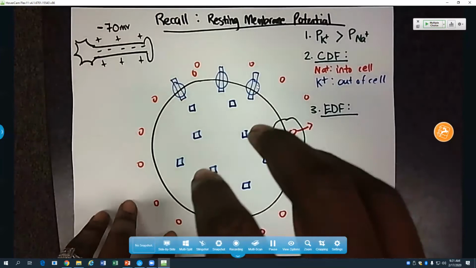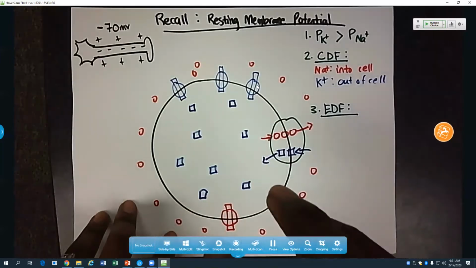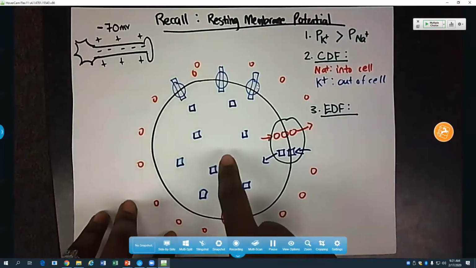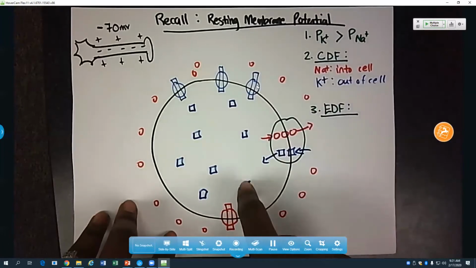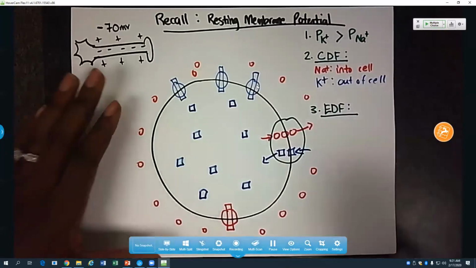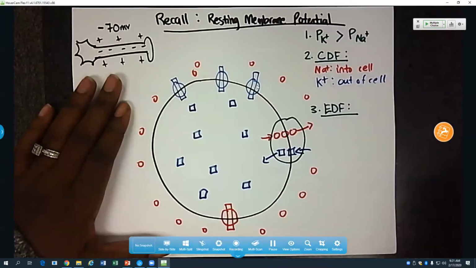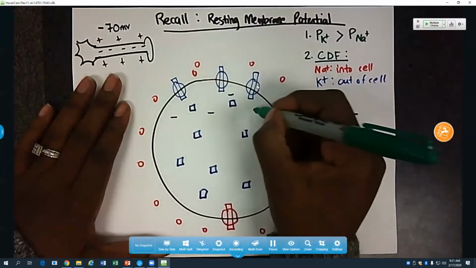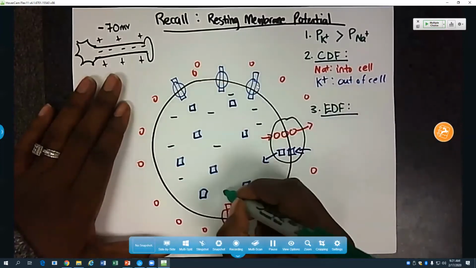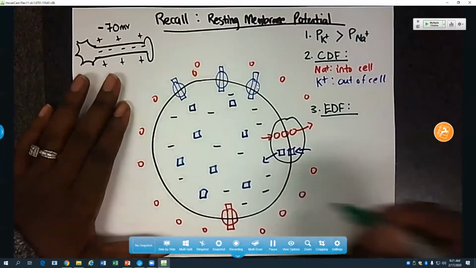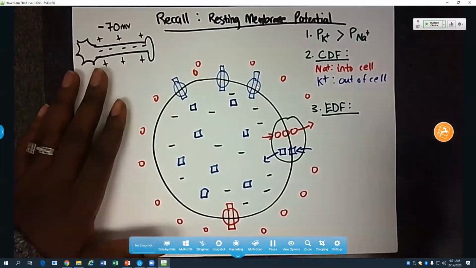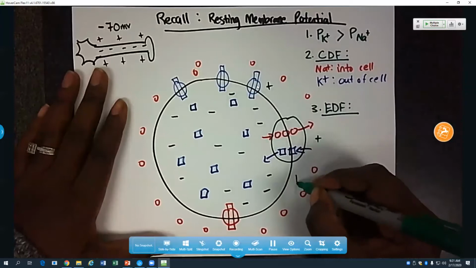And so we have a net movement of more positive charge out of the cell than positive charge into the cell. So that leaves behind this negatively charged environment because of that difference in permeability. And consequently, we have a positive environment out here.